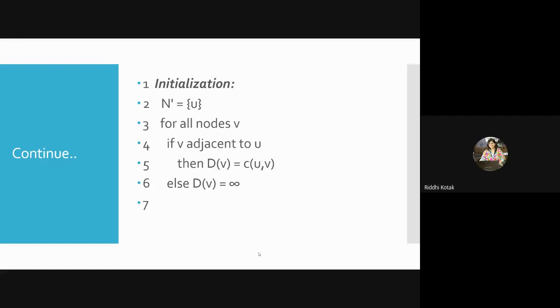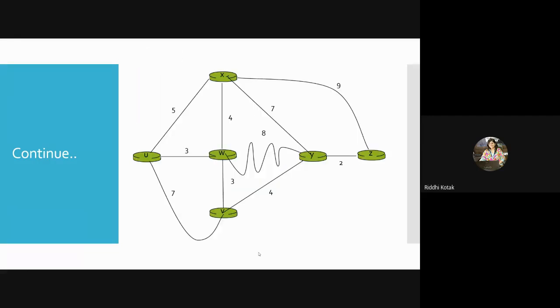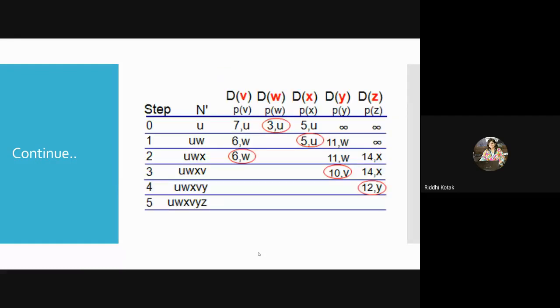And if a node is not directly connected, then you simply put infinity. Let's note down this step. Now we will apply this step on the given example, starting with the U node. This table you have prepared, we have to start solving the example.